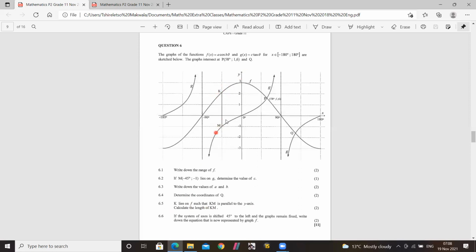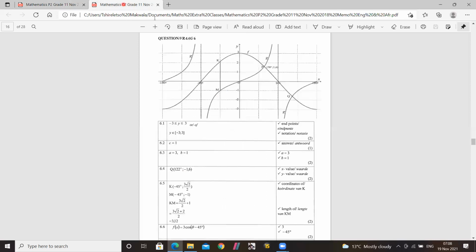So you know that the x-coordinate of M is negative 45. So the x-coordinate of K will also be negative 45. Then the y-coordinate of M is negative 1, like they showed us here. Then the y-coordinate of K is negative 2, like they showed us here. Then you can calculate this length by using the distance formula.